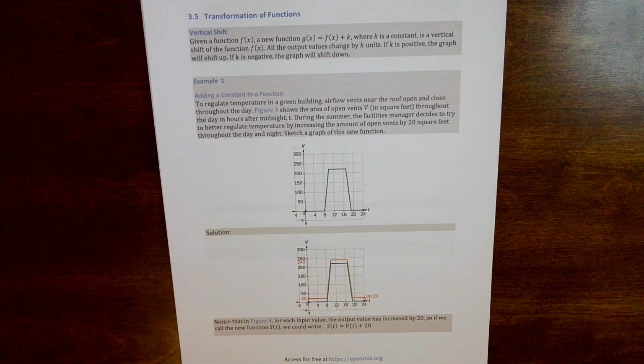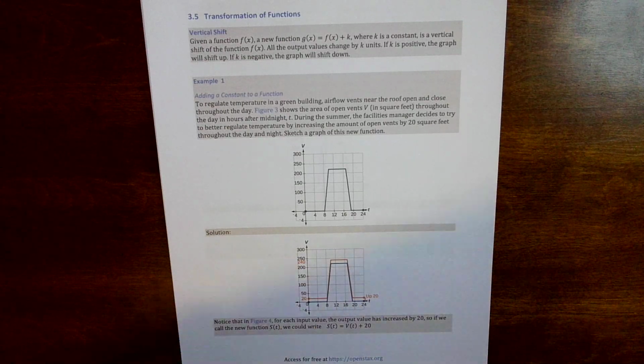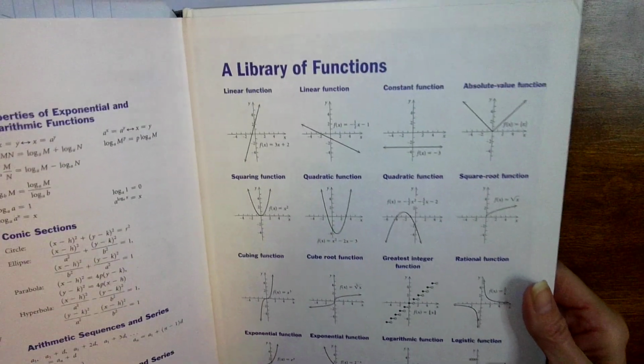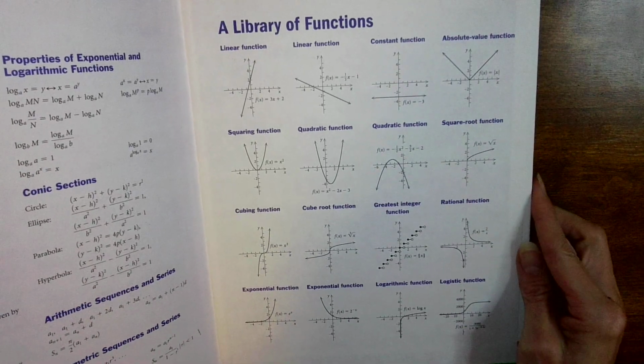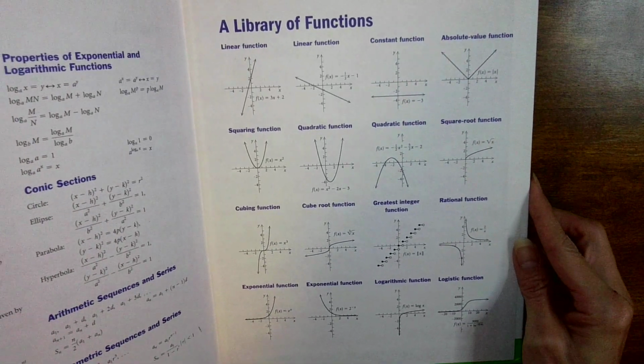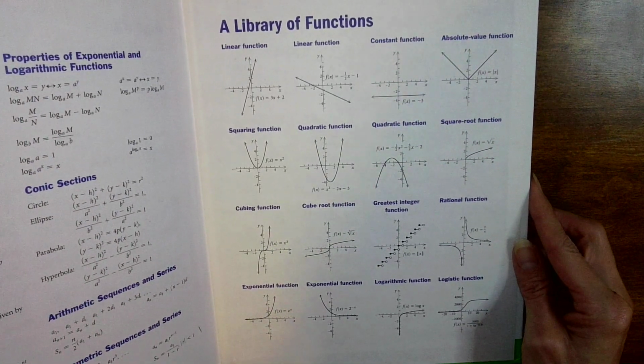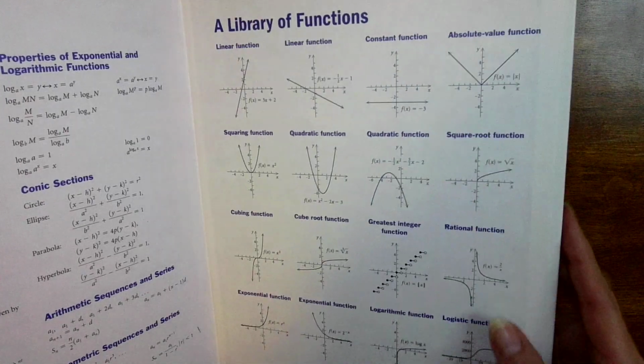And so in your book, they call these toolkit functions, and I had mentioned in a previous lecture that they were in books on the inside or the backside cover. So here's the book. This is not one of the books from my college, but this is a book that I taught out of for several years. It's right here on the back cover.